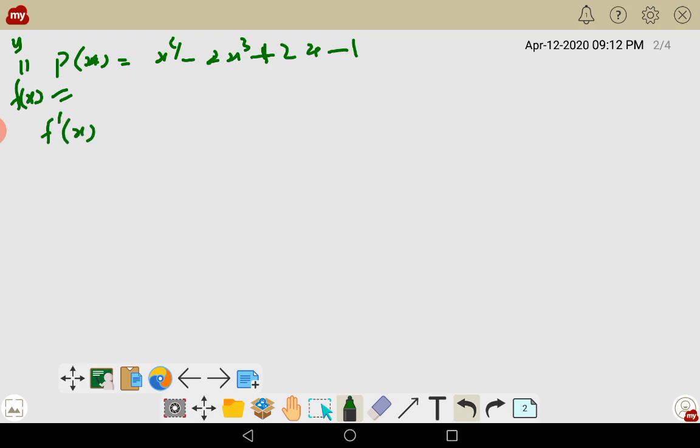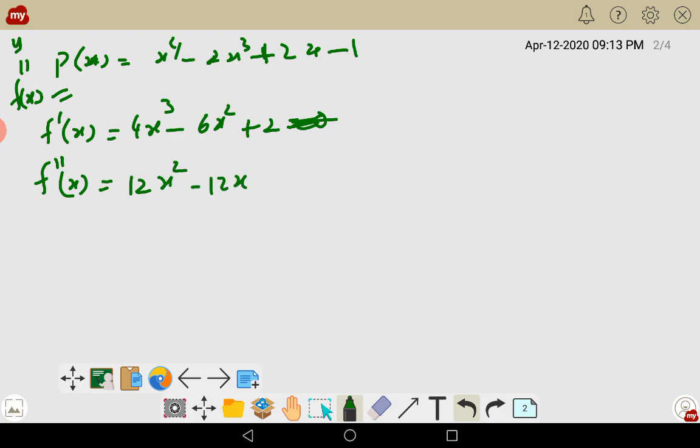Let me find the critical points and inflection points first. f dash of x is 4x cube minus 6x square plus 2. Yeah, no, this is actually the first derivative, and we take it to 0 to find the critical points. The second derivative is 12x square minus 12x. We take the second derivative to 0 to find inflection points, isn't it?